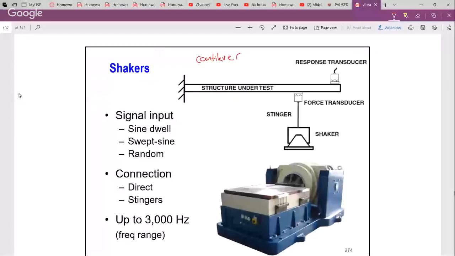so an electromagnetic shaker is the same idea as a speaker. Anybody ever make speakers? You did? All right. So the idea is an electromagnetic audio speaker is basically just a coil in a magnetic field, right? And how do we get that coil to connect? The coil is attached to a plastic cone.